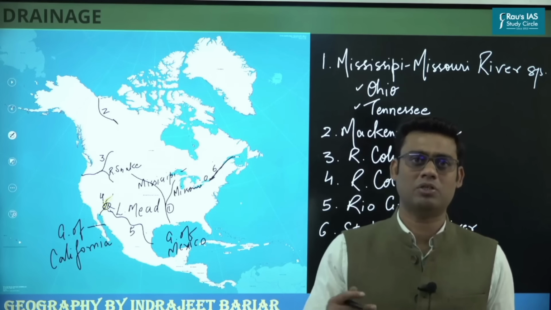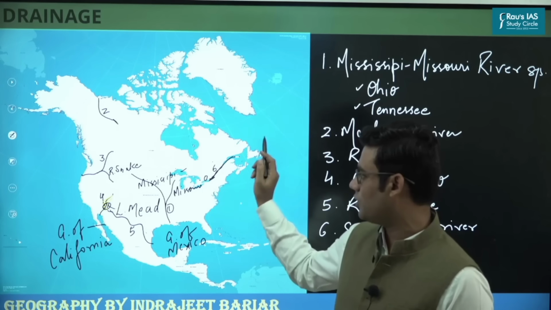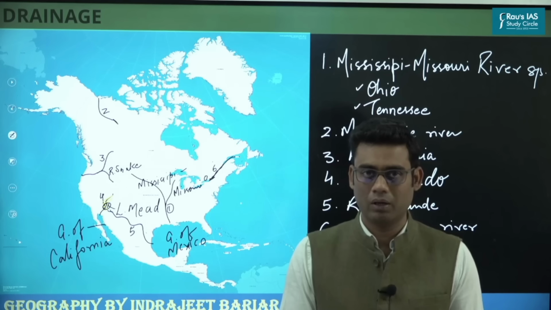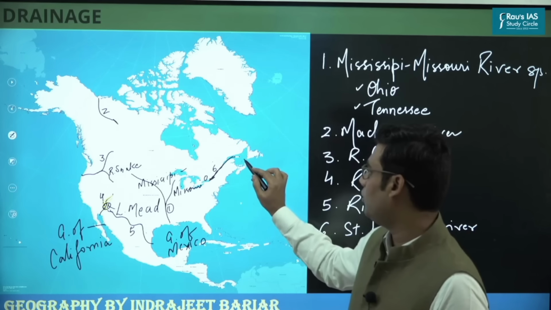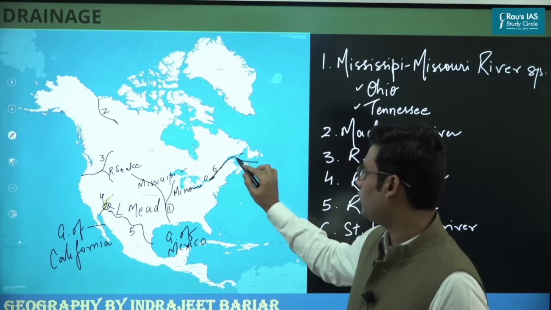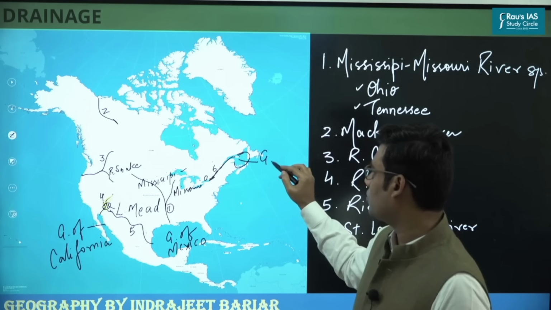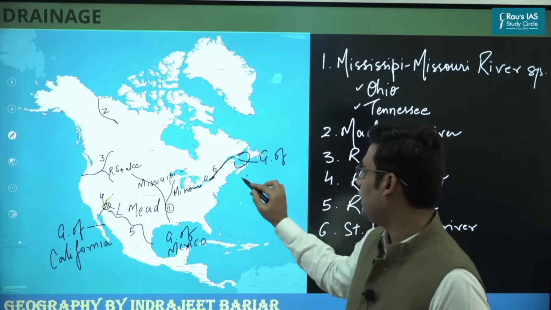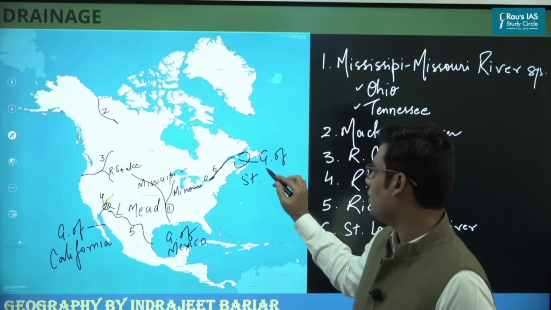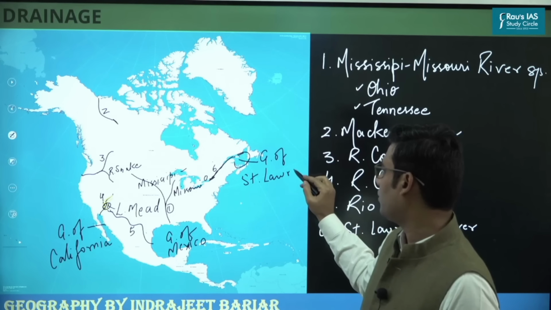Finally, it takes the name St. Lawrence River once it emerges out of Lake Ontario. And this river drains into what water body? This water body is called the Gulf of St. Lawrence. So this is the Gulf of St. Lawrence.